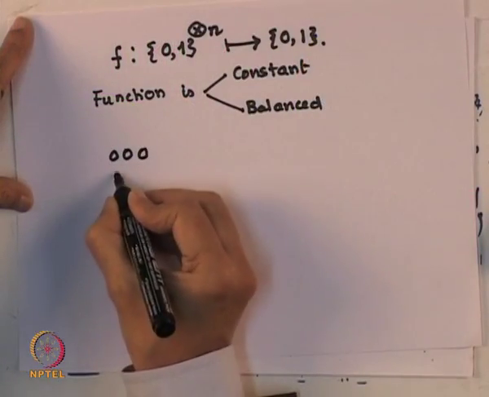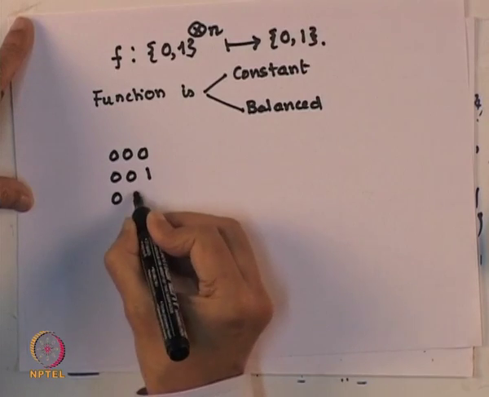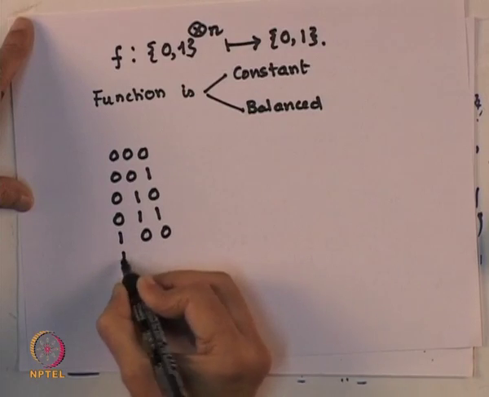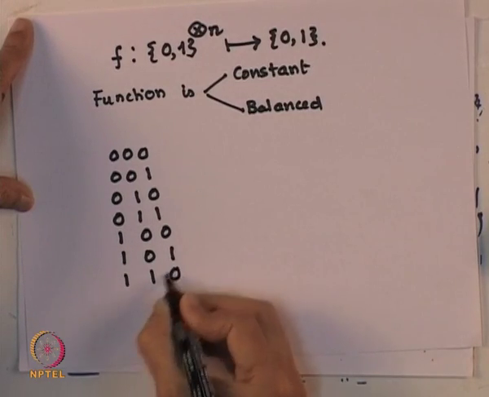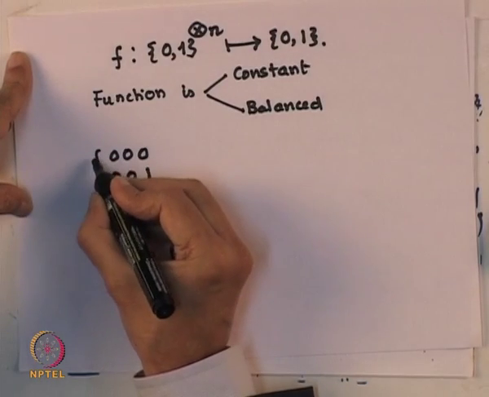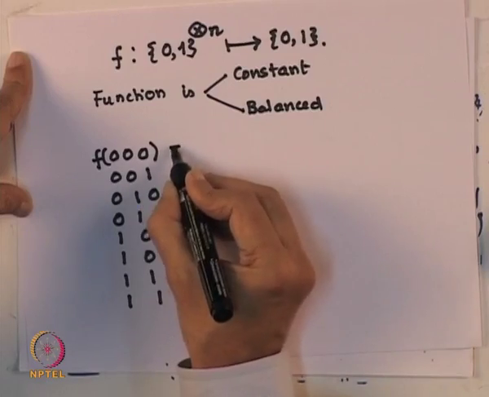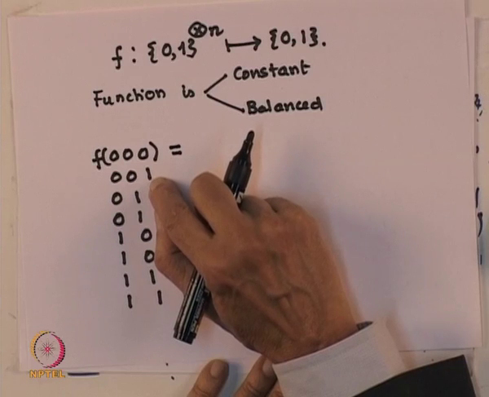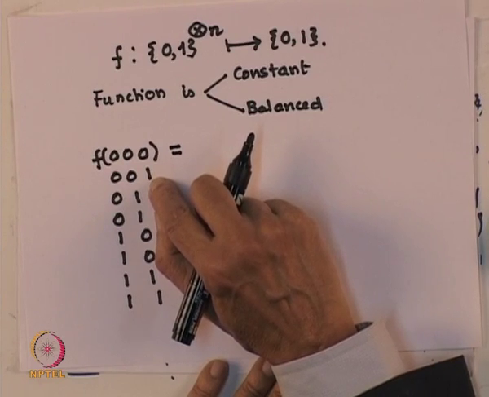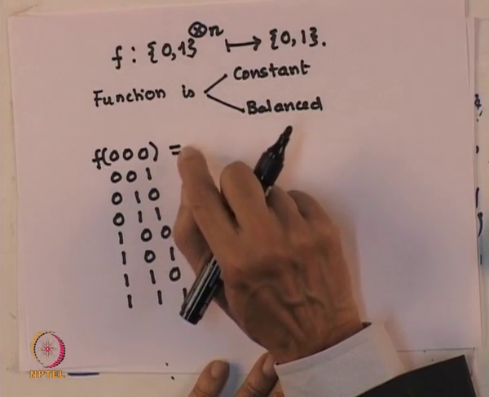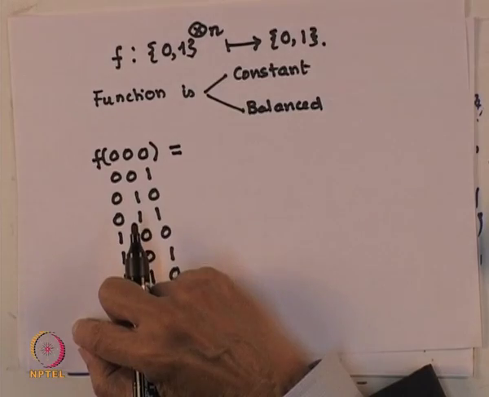So I have 000, 001, 010, 011, 100, 101, 110 and 111. So what I can do is to find out what is f000 and I will get some value, either 0 or 1. Then change the input, find out what is f001. Having done that, find out whether this value is the same as the other value.